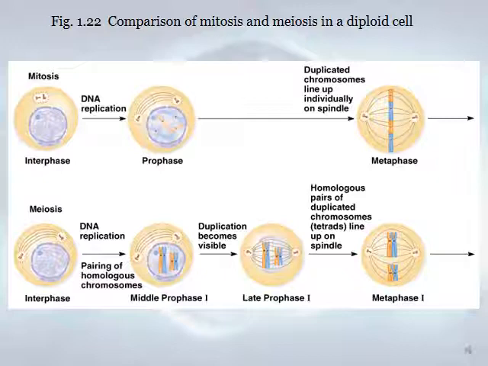Here are the tetrads, the pairing of homologous chromosomes. The tetrads, homologous pairs of duplicated chromosomes, line up at the equatorial plate. Here is metaphase.